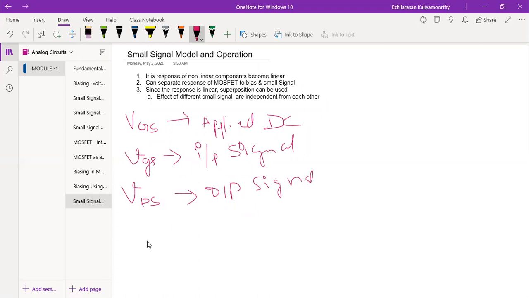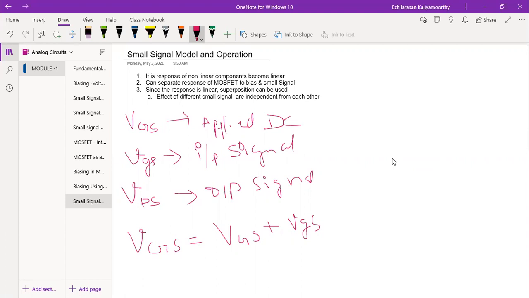The total input signal is equal to VGS plus vgs. Let me give you one simple example. Take a Bluetooth headset, which you normally use with your mobile phone. It performs like an amplifier.